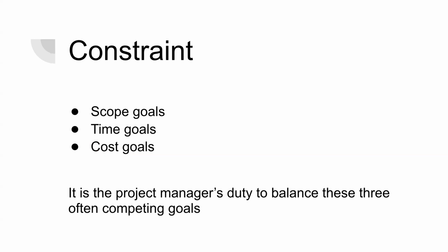For example, the project manager underestimated the cost goals, and the cost goals were not met. Initially we have $1,000 as the project budget. That is the cost goal.